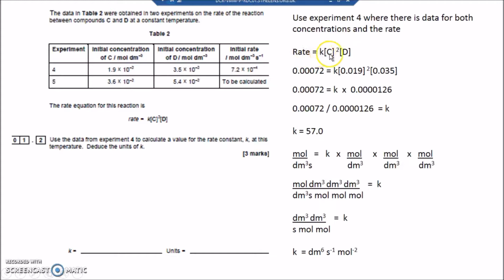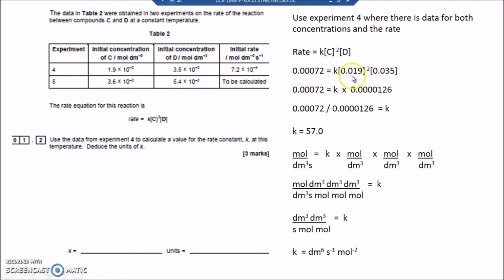So rate equals the rate constant times C squared multiplied by D. The rate in experiment 4, where we've got a complete set of data, is 0.00072 or 7.2 times 10 to the minus 4, which equals the rate constant multiplied by 1.9 times 10 to the minus 2 squared, because you've got C squared, so the concentration of C, 1.9 times 10 to the minus 2, squared, multiplied by the concentration of D, which is 3.5 times 10 to the minus 2.